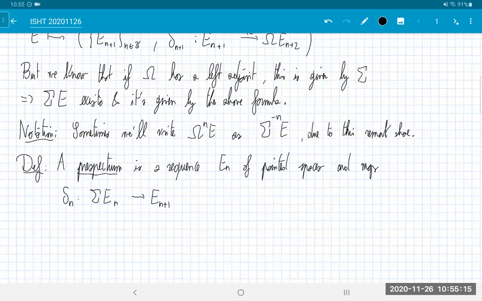And the point is that I now have enough structure on spectra that for every pre-spectrum, I can associate a spectrum to it.